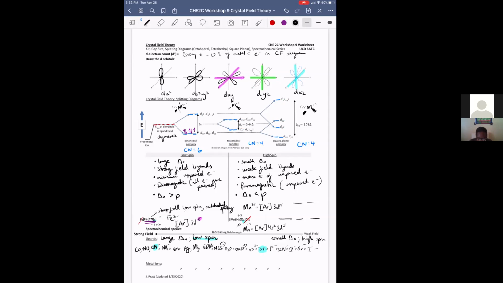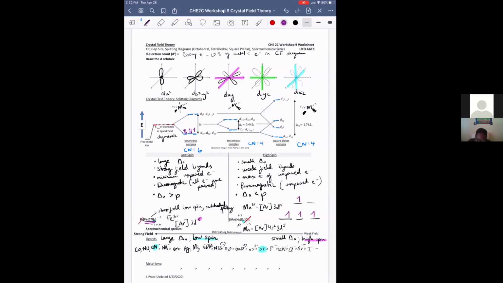Now we want to take these 4 d electrons, and we want to fill them in our octahedral splitting of our d orbitals, and we want to make it high spin. We'll make it high spin by filling our electrons singly in our lower energy levels, and then we'll start filling electrons in the higher energy level before we pair electrons, right?